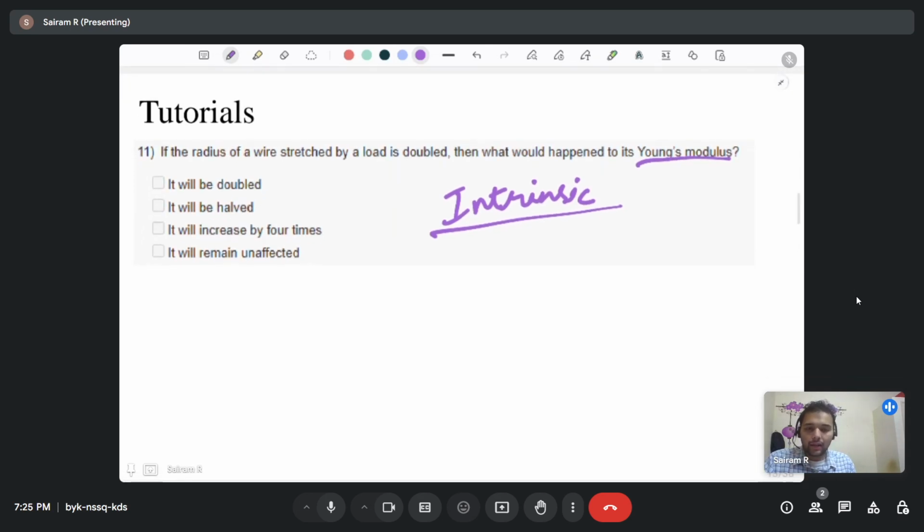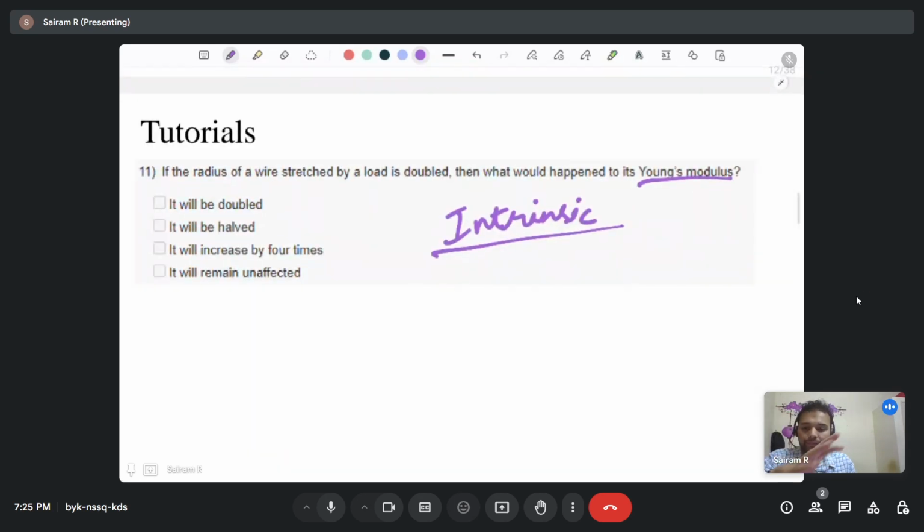Only when there is a change in the composition, or more fundamentally, only when there is a change in the nature in which atoms are bonded in this particular material, would there be a change in its Young's modulus. Till the time the nature of bonding of the atoms remains constant, the material would have the same Young's modulus. So the Young's modulus will remain unaffected.